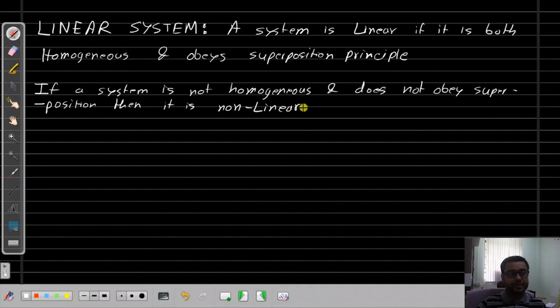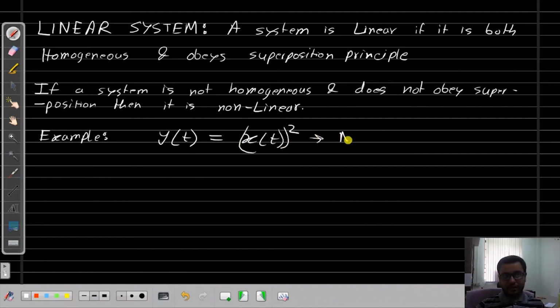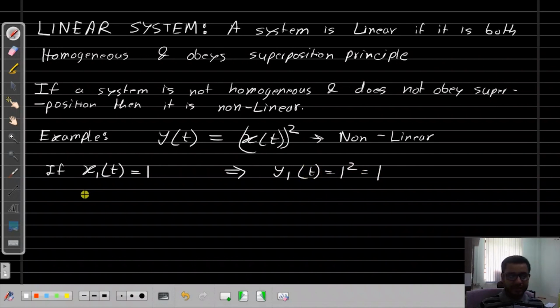Example: consider a system whose output is given as the square of the input. Now this is not linear, it is non-linear. Why? Because if you give an input which is constant equal to 1, then the corresponding output will be equal to 1. 1 squared is equal to 1.